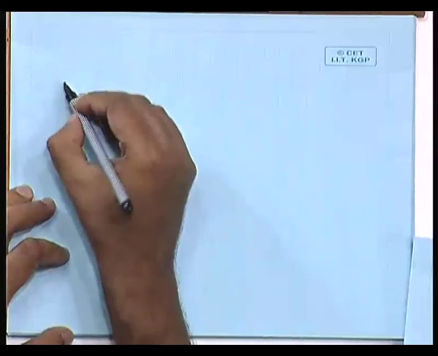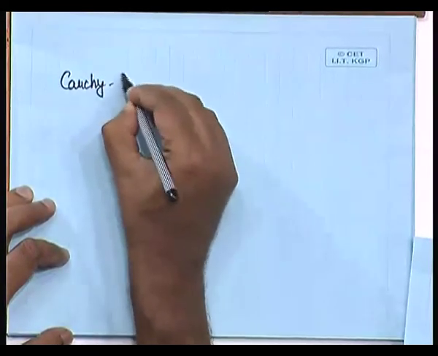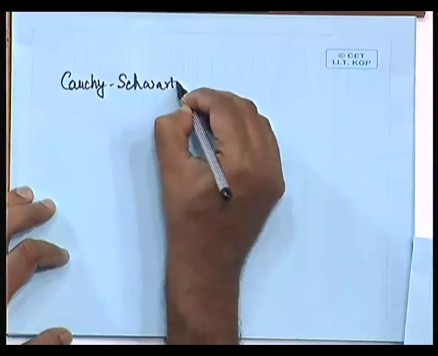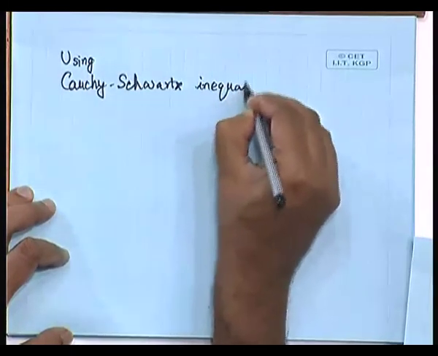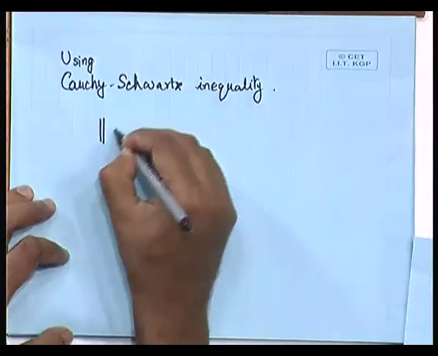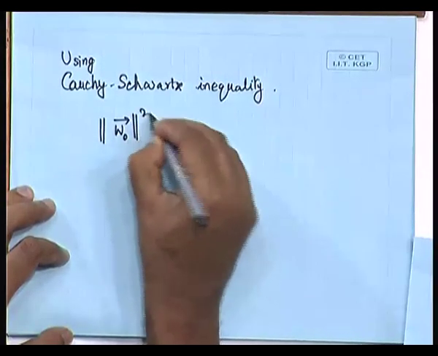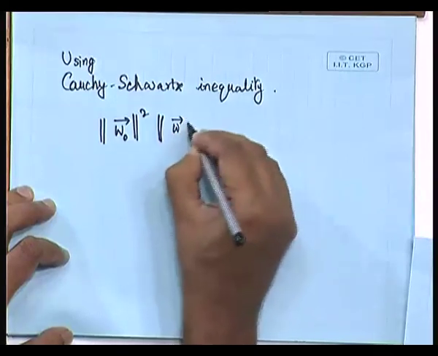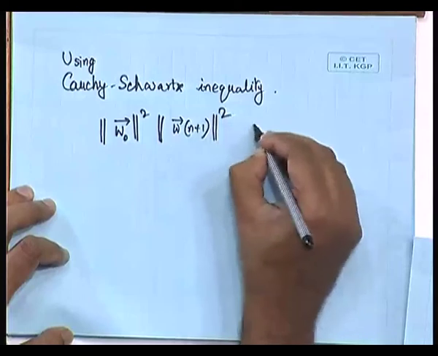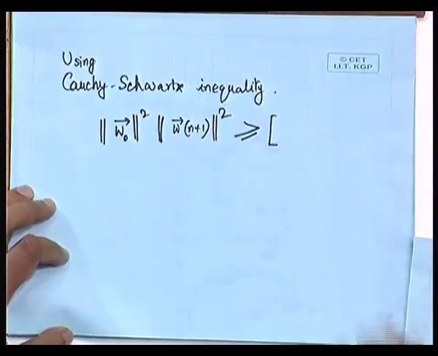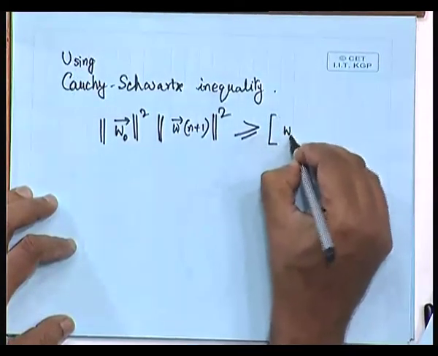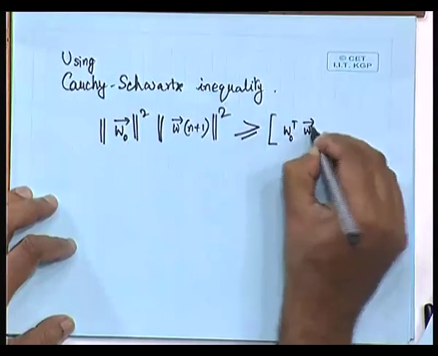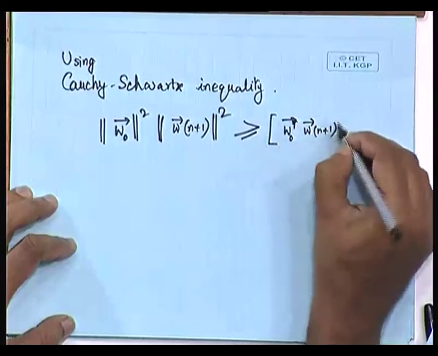Okay. So, in other words, by using the Cauchy-Schwarz inequality, we can write norm of W0 squared times norm of Wn plus 1 squared is greater than or equal to this quantity, this being a scalar quantity, W0 transpose Wn plus 1, all right, this squared.